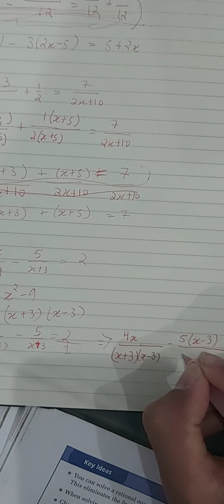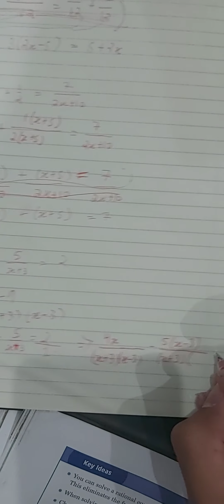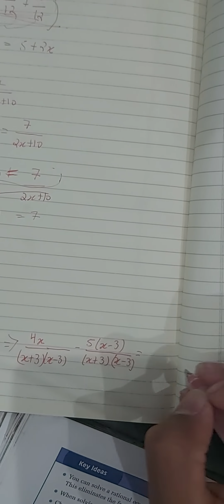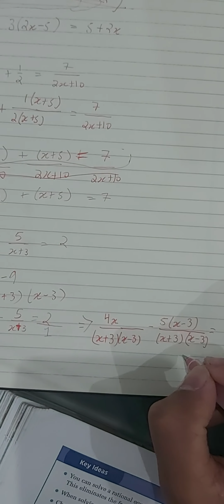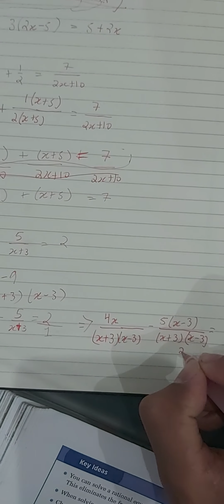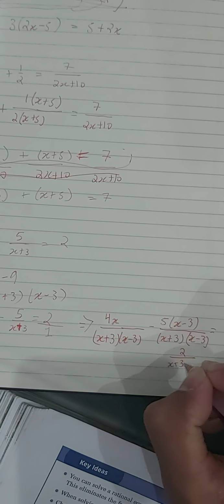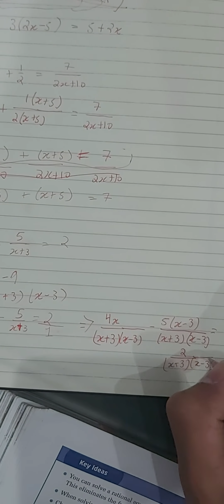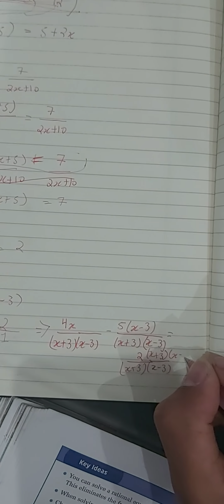And x plus 3 was already there. Now we're going to multiply by x minus 3. And on this side, we're going to have to multiply the 2 over x plus 3 and x minus 3. And on top, we have to do the same, right? So x plus 3 and x minus 3.